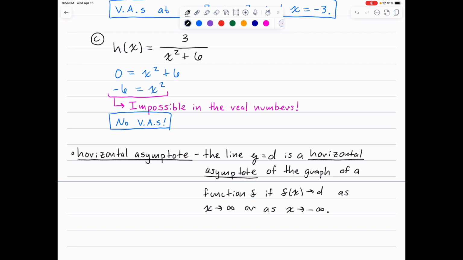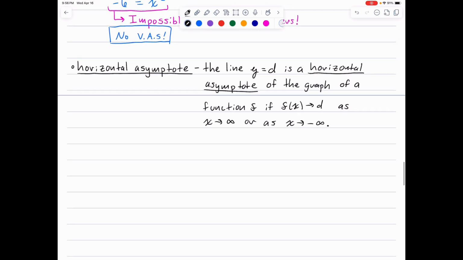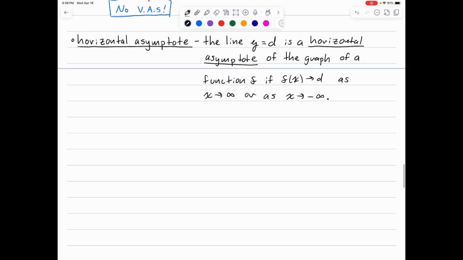So let's look at the types of horizontal asymptotes, just like we looked at the types of vertical asymptotes. Okay. So we have types of horizontal asymptotes.